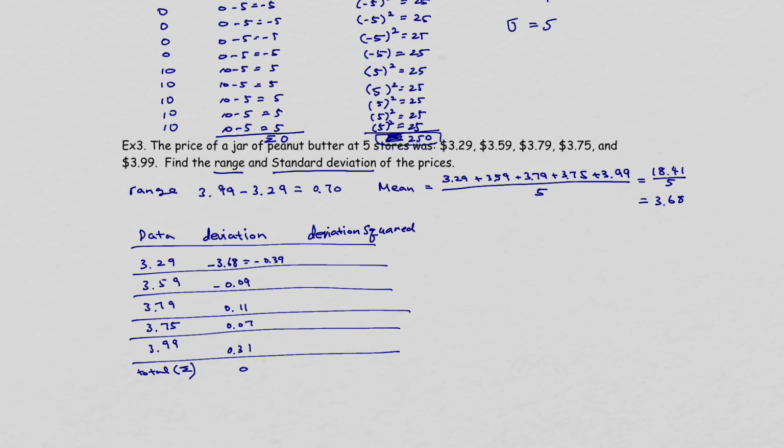So when you square negative 0.39, this is going to give you 0.1521. When you square the second value, you get 0.0081. When you square the third one, 0.11, you're going to get 0.0121. 0.07 squared will be 0.0049. 0.31 squared will be 0.0961.